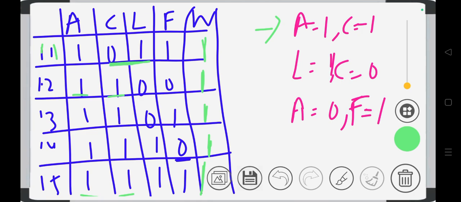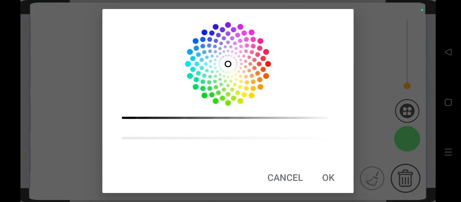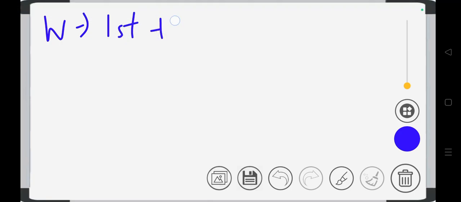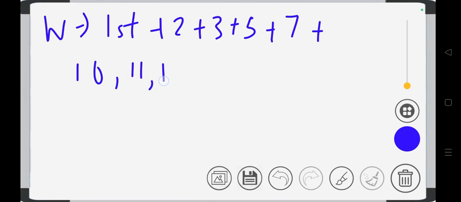Okay, so guys, after this let us quickly summarize what all we got yes, right? So for output W, what we got yes is the first term, then the second, then the third, then the fifth term, then the seventh term, then straight from number 10, 11, 12, 13, 14, 15.